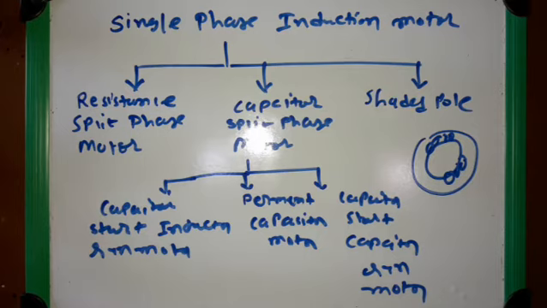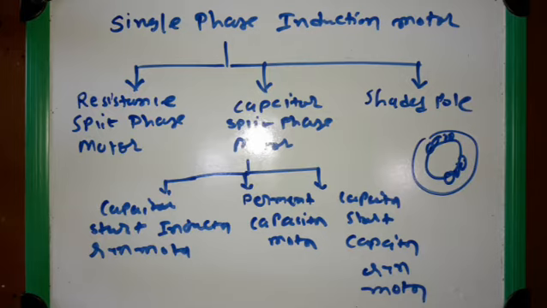The two currents produce two fluxes as if the motor behaves as a two phase motor, and the resultant flux is a rotating flux, and the rotor begins to rotate. When the motor reaches 70-80% of the full load speed, the centrifugal switch opens and the starting winding is electrically disconnected.